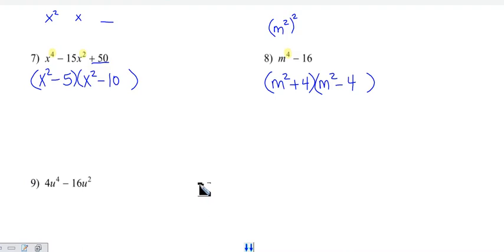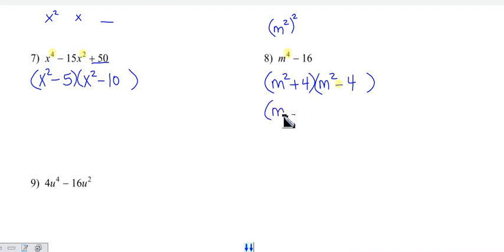Now I'm not done. If I can continue to factor one of these parentheses, I need to do that. The problem in this first one, even though m is squared and 4 is 2 squared, this is not the difference, and so I can't take this any further. But in the second parentheses, I can.